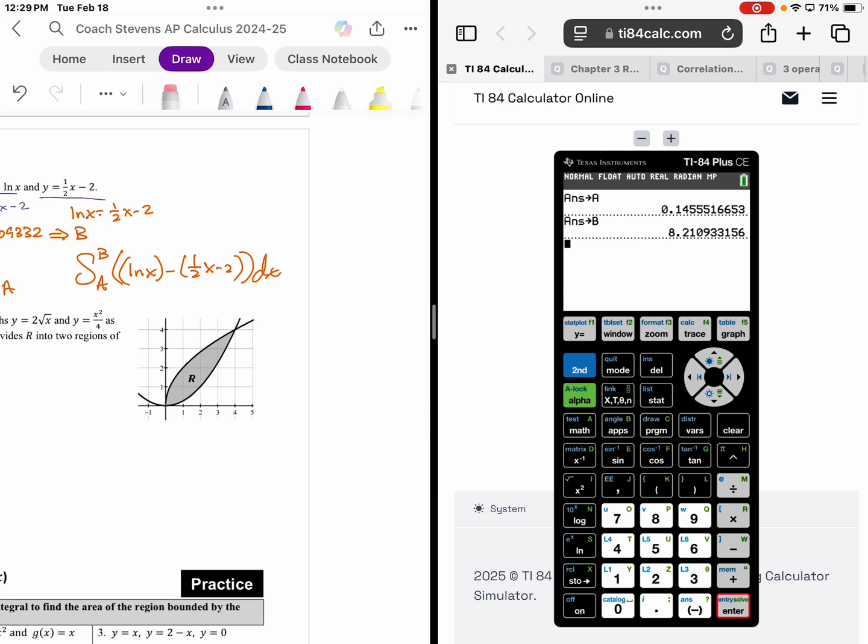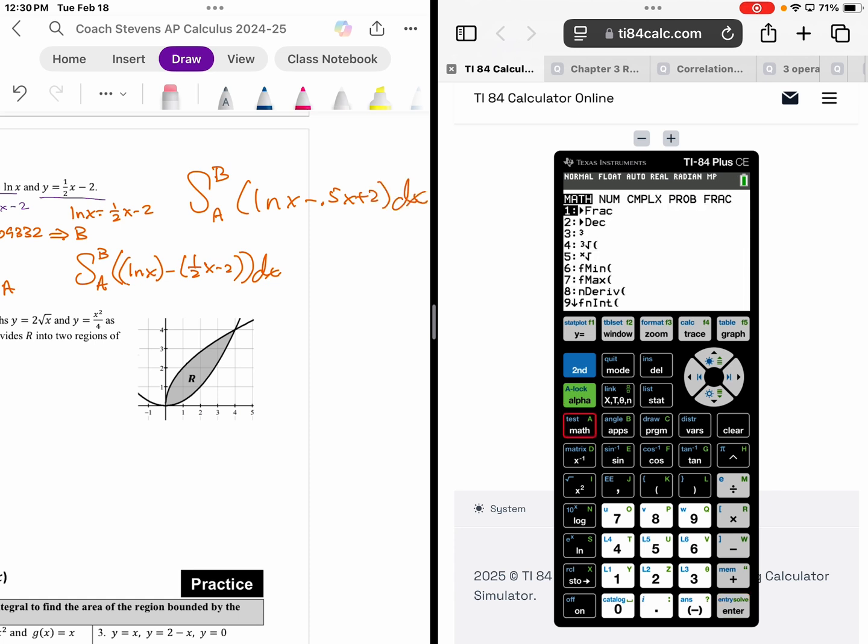And then I'm going to simplify that and then put that into my equation: the integral from a to b of ln of x minus 0.5x plus 2. That's what I'm going to type in. So math 9, I'm going to go from alpha a up to alpha b, and then type in ln of x, close the parenthesis, minus 0.5x plus.